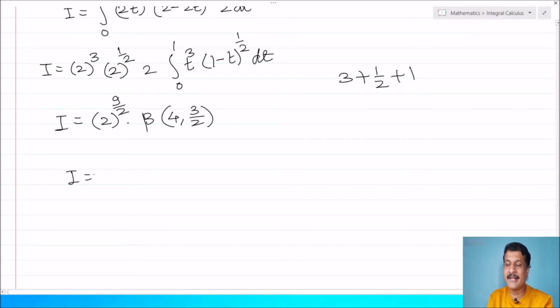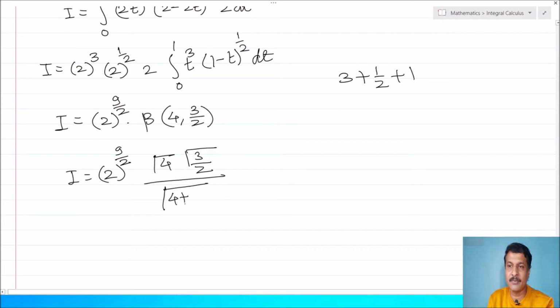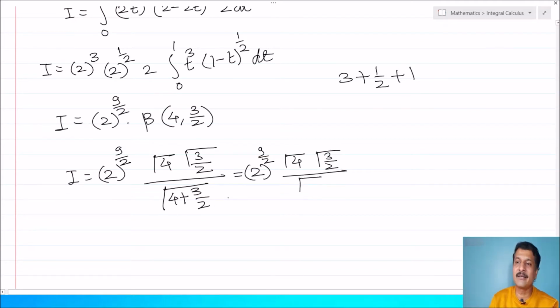So again by relation between beta and gamma function, I am getting here this 2 raised to 9 by 2 as it is. Here gamma of the first upon gamma of the sum, means here 4 plus 3 by 2. Now simplify it. So I am getting 2 raised to 9 by 2 into gamma 4, gamma 3 by 2 upon gamma 4 plus 3 by 2.